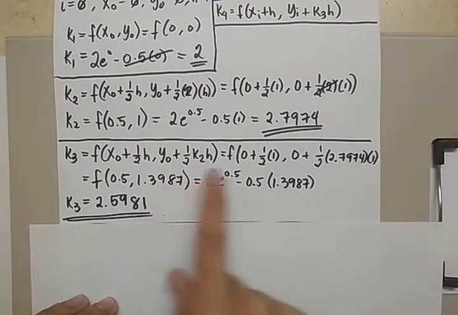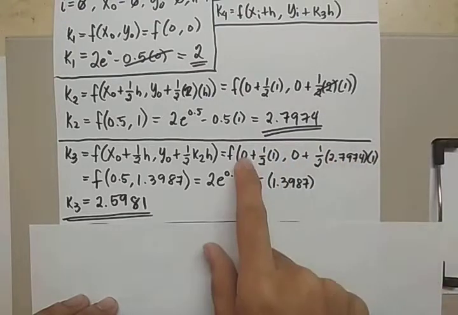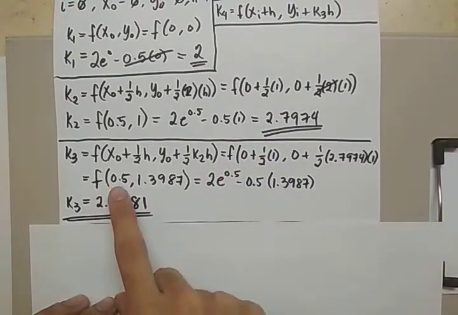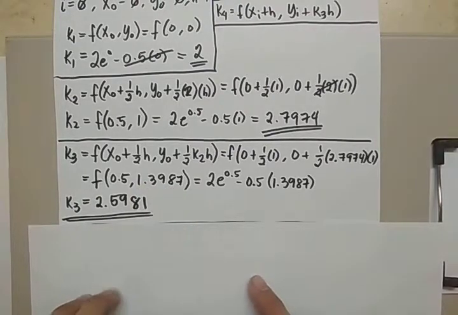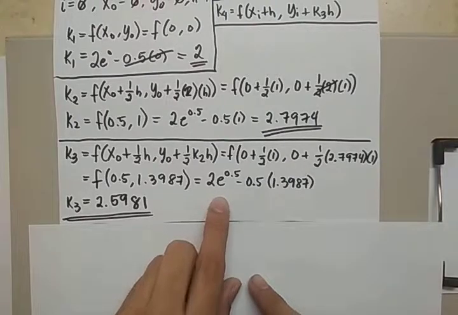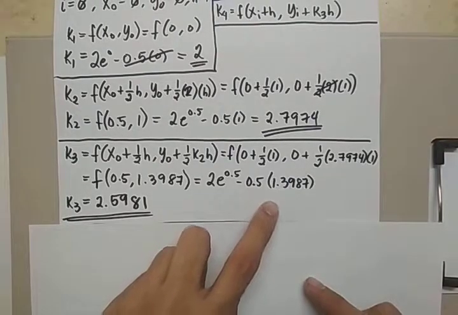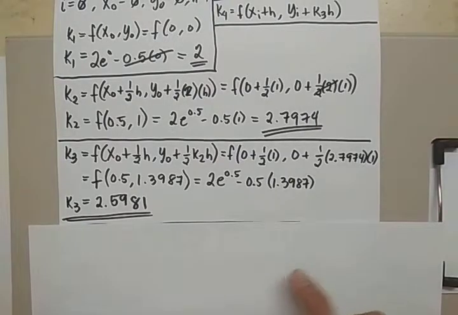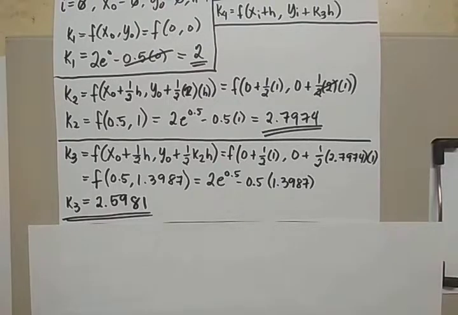So by substituting these values and calculating this, we will have function of 0.5 and 1.3987. So just substitute these values in our given function. So we have 2e raised to 0.5 minus 0.5 multiplied by 1.3987. So we will get 2.5981 for our k sub 3.